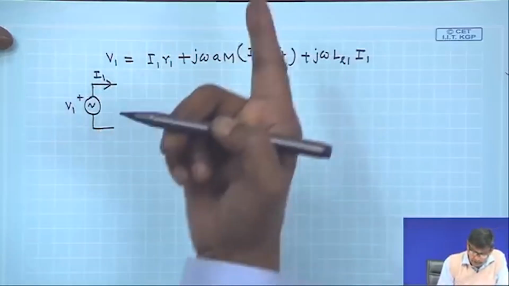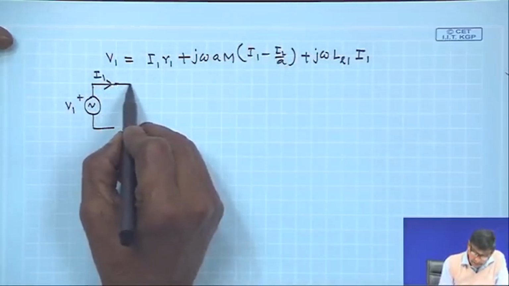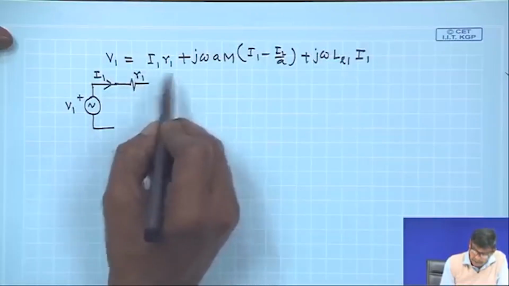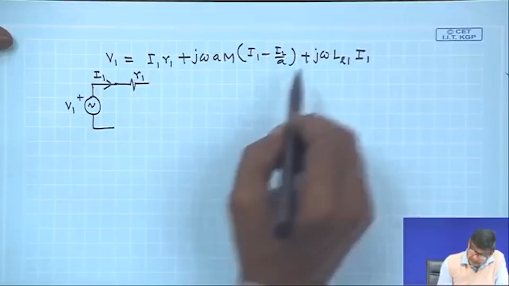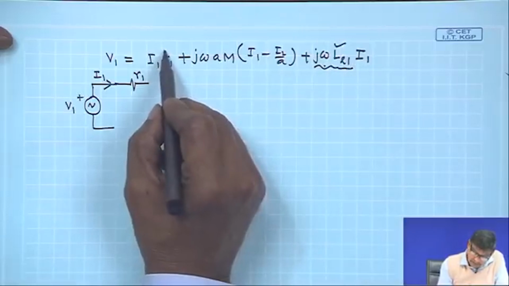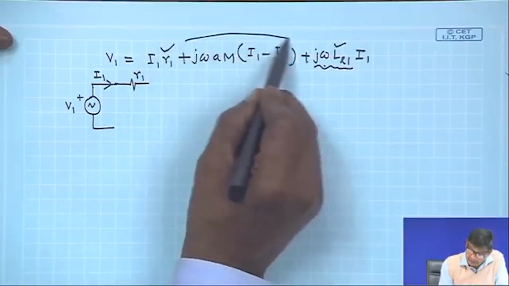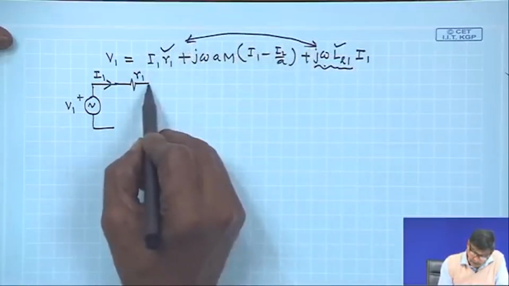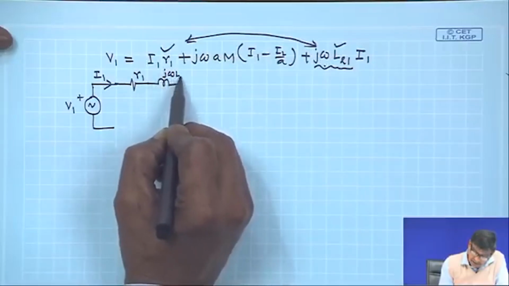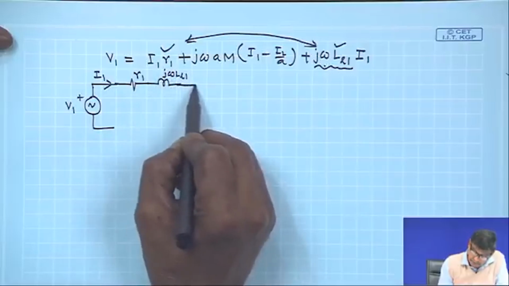Earlier it was coupled coils, now I am saying there is a resistance here, an I 1 R 1 drop, then there is I 1 into j omega L 1. These two terms you combine. So, R 1 plus j omega L L 1, the leakage inductance drop.